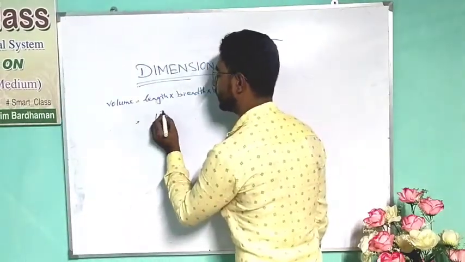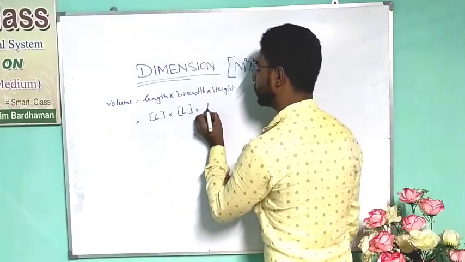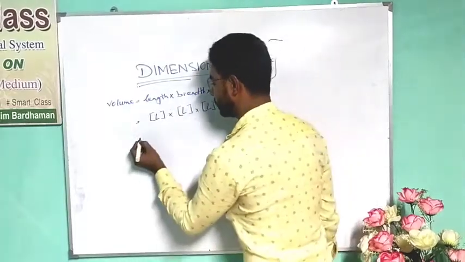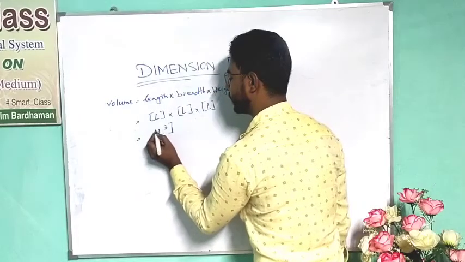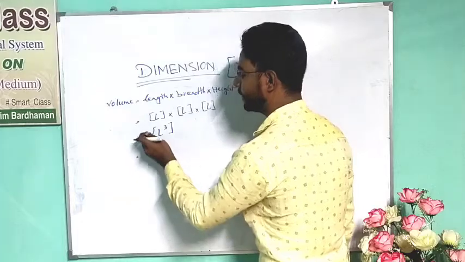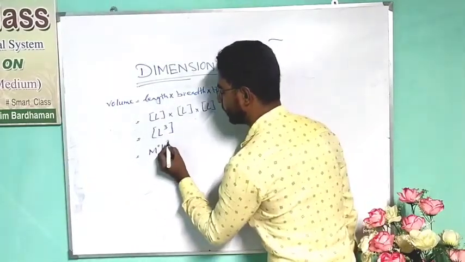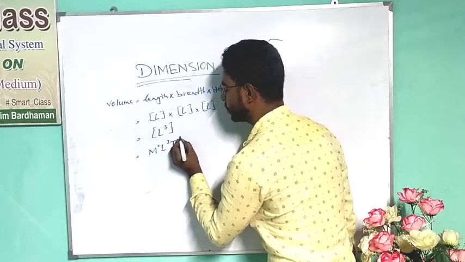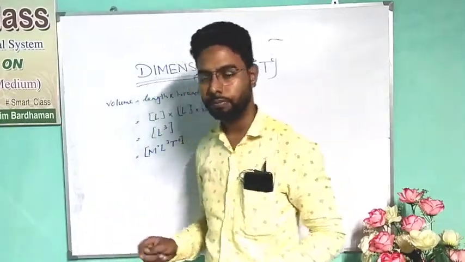The length is L, the breadth is L and the height is also L. L into L into L is L cube. We can also write M0, because we don't have any mass, L3, length three times, and T0, because we don't have any time. This is the dimension of volume.